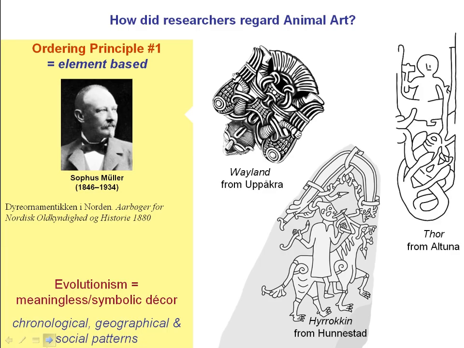Here we see a person with snakes in her hand riding a wolf, and this representation seems to fit rather well with a description in the Eddas on Baldur's death, where Baldur, the god Baldur, is to be burnt during a ritual cremation, and a giantess and a dwarf are appearing at the funeral to pay their respects, and the gods, being very Viking-like as we know, and not being nice to outgroup representatives, just sacrifice these two people, that is, the dwarf and the giantess Hyrrokkin, who came riding on a wolf.